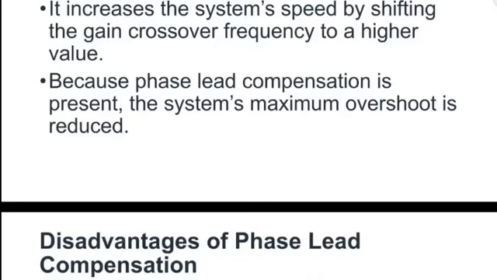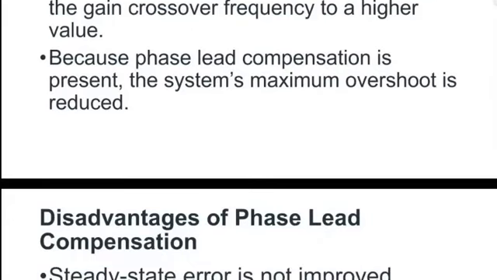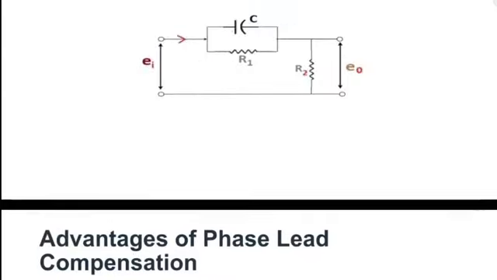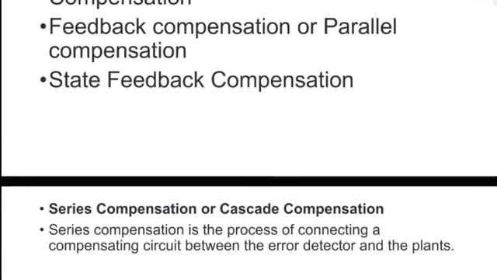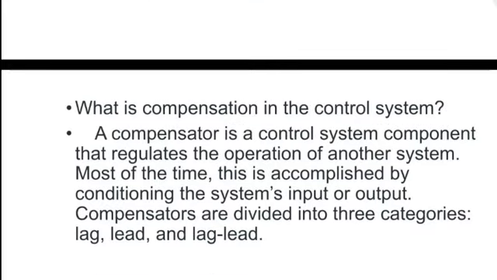And lastly is the phase lag, a system that has a combination of a dominating pole and one zero. That is the end of our lesson, where we looked at how we compensate for a system. The lead has a resistor and a capacitor connected in parallel.